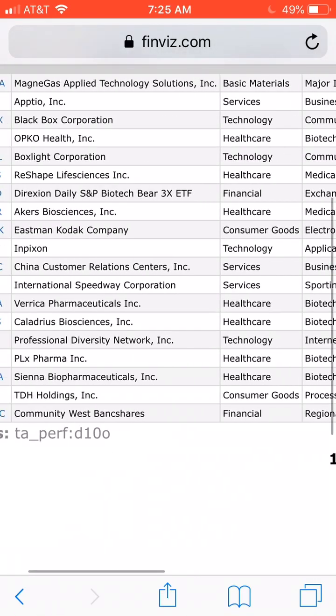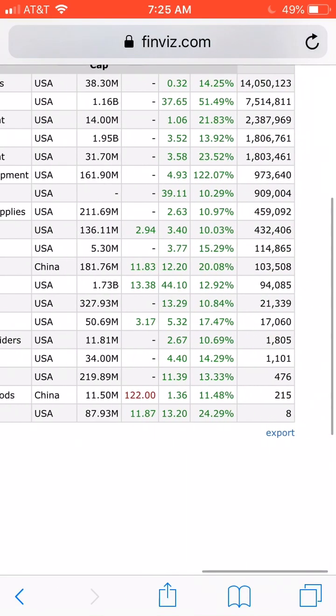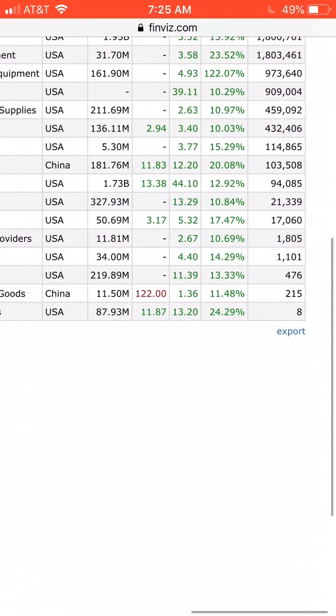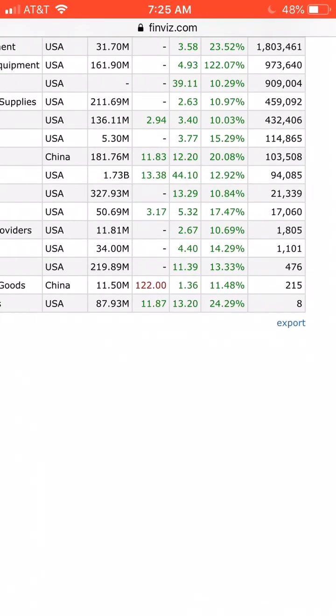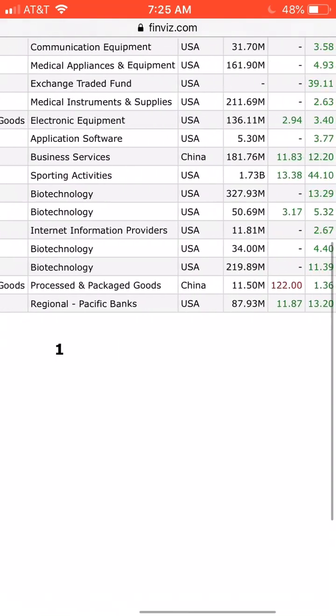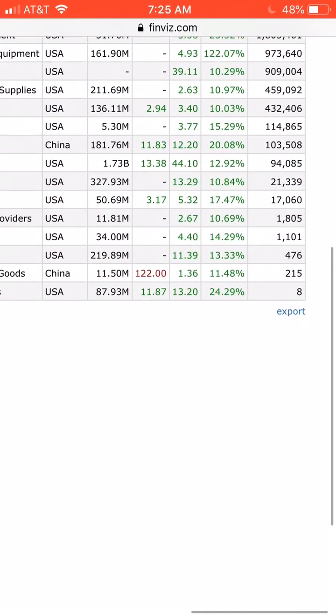So here it still looks like the same thing, BBOX. So market cap, that was too high. This is Boxel, BOXL, so we didn't want to trade that one right now.